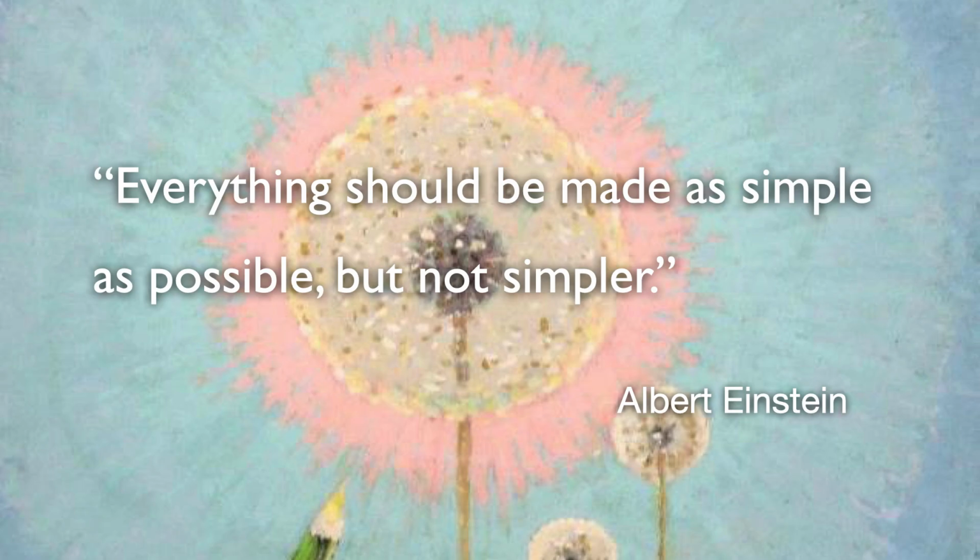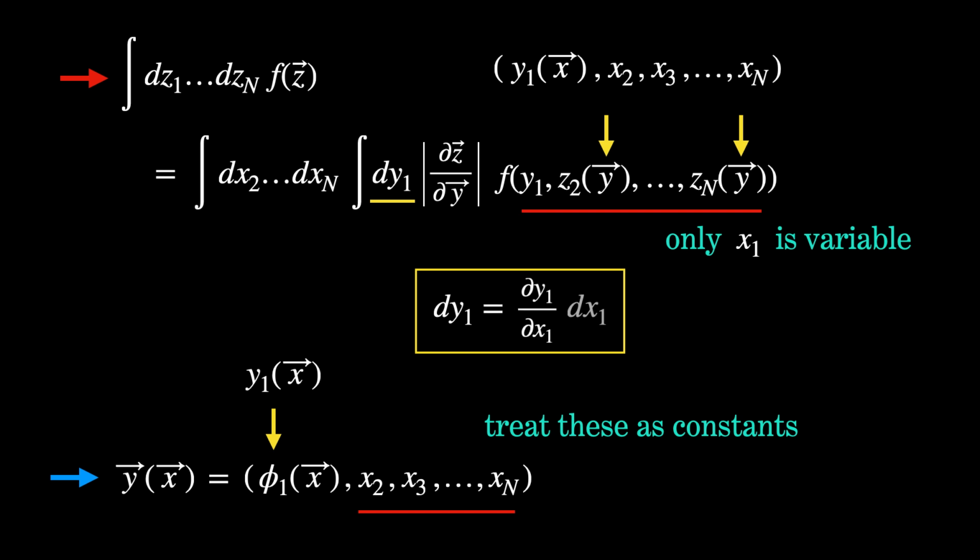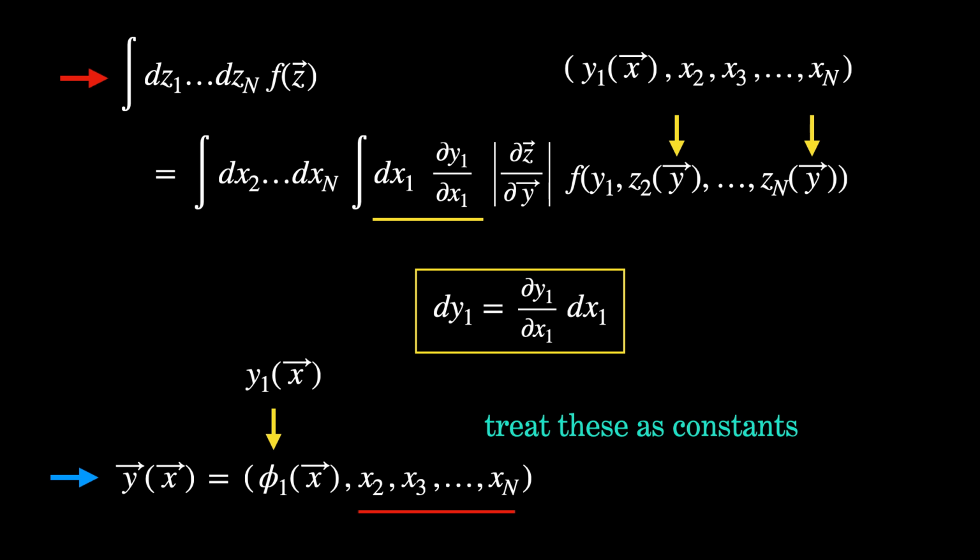All these are in a way obvious, since we are after all integrating over a single variable. Thus dy1 is related to dx1 by just the following. Here, we have inserted the absolute value according to the integral convention for single variable.